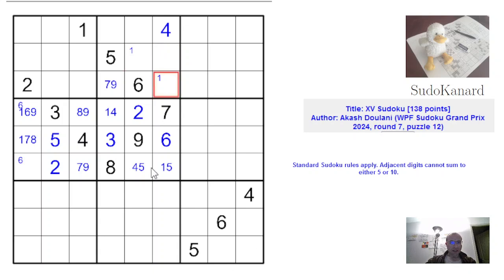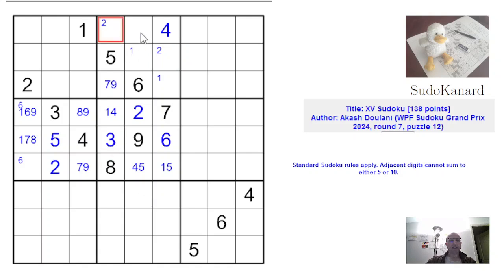And now, what about 3, 8? What about 2? 2 is nowhere here, so 2 is in one of 2 places. An interesting point is where we put 3 and 8.